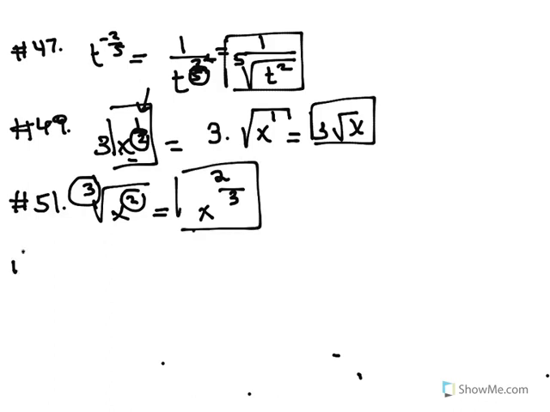Okay, let's do number 53. Remember that for problems 51 to 58, you need to write these in fractional exponents. So we have the square root of ab to the fifth. Well, this is easy.